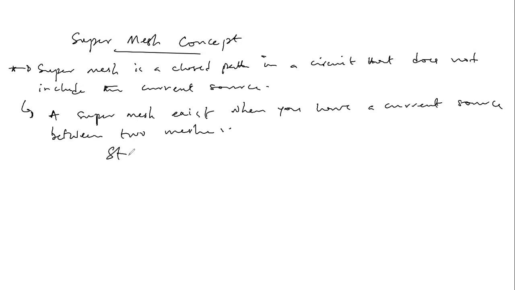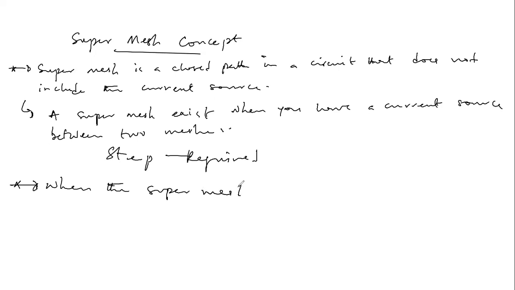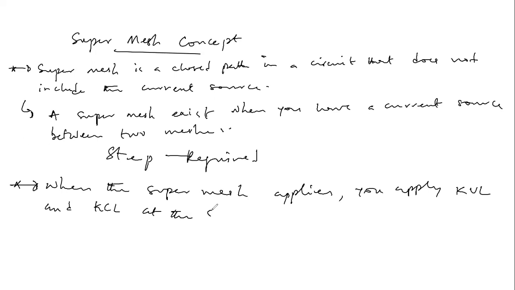So the major steps required in resolving a super mesh problem is that when the super mesh applies, then you apply KVL and KCL at the supernode. Then all other things remain. Okay, so let us look at one quick example. So let's say we want to replicate this circuit.